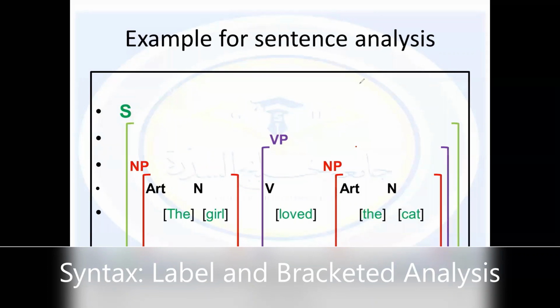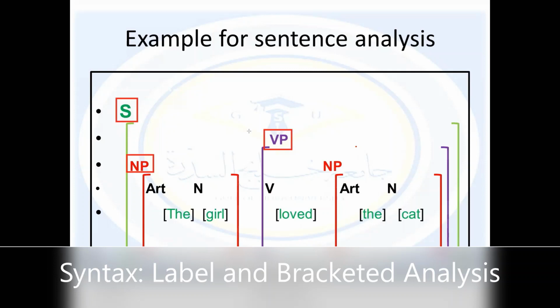The sentence is the largest component. It includes all these units. Some smaller components are the noun phrase and the verb phrase. They are smaller than the sentence.